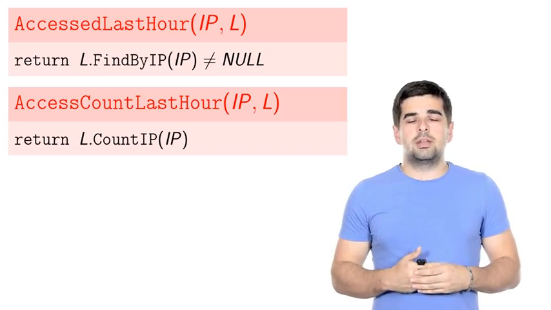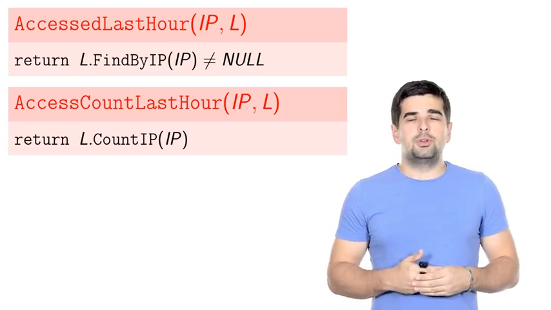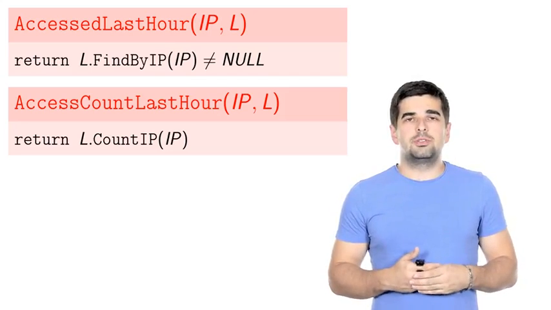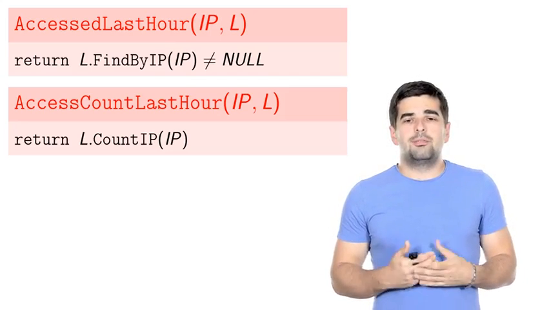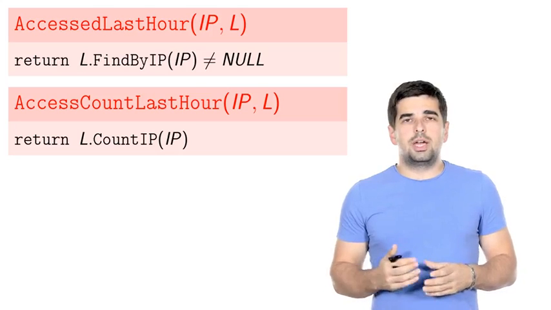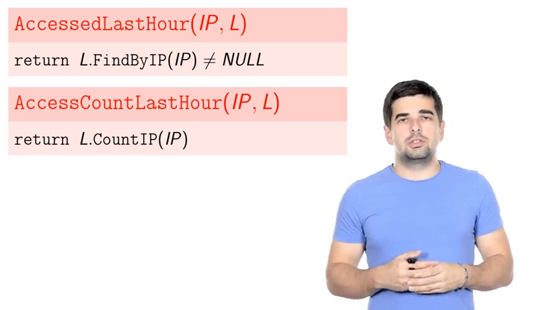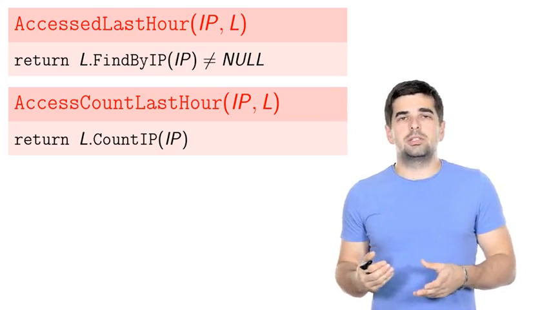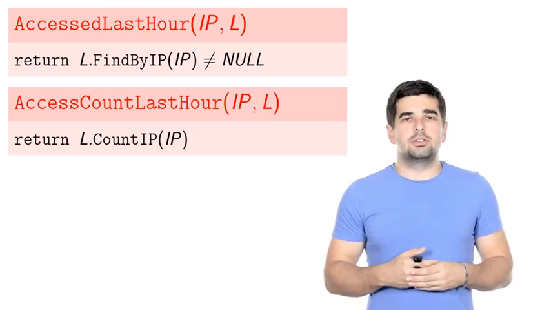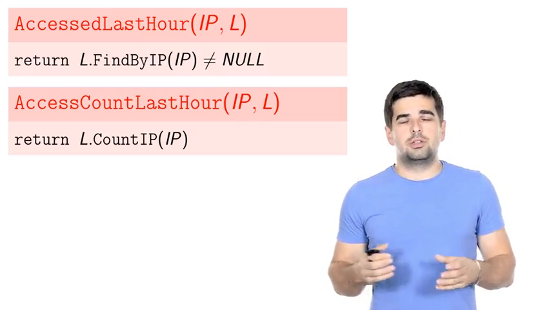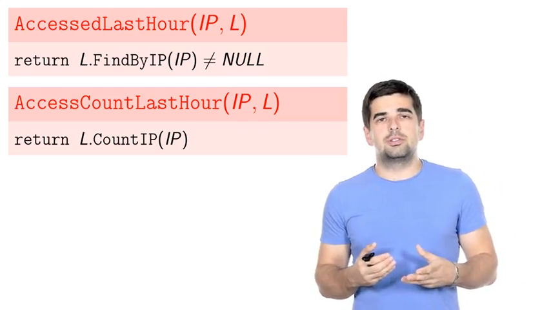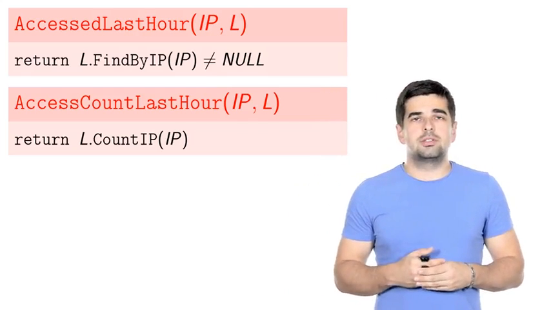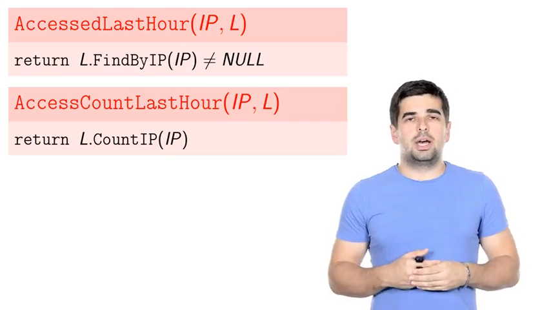And that is done by procedure find by IP, which is different from the standard find procedure of the list by the fact that we search not by the whole object, which is a log line which contains both IP address and time, but we search just by the first field, by the IP address. So our list contains tuples of IP addresses and times of access, and we only look by IP address.